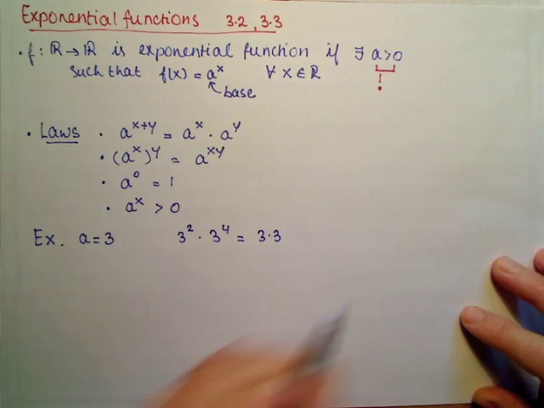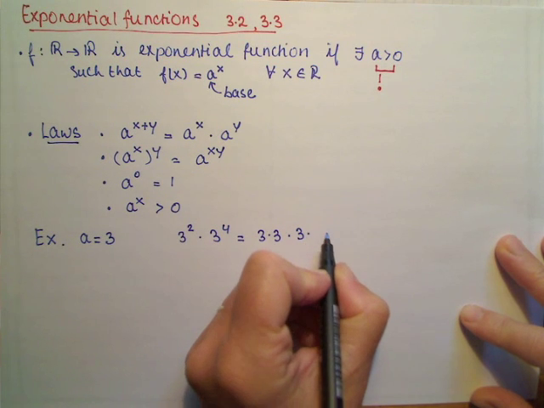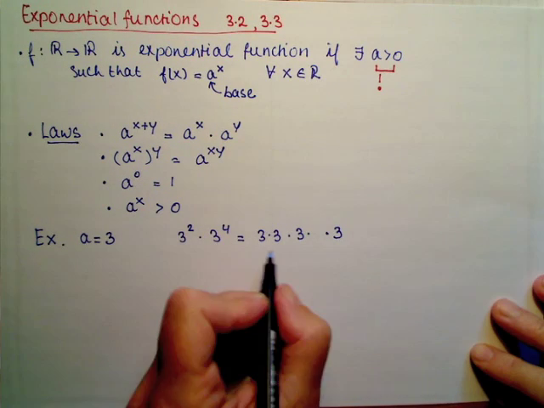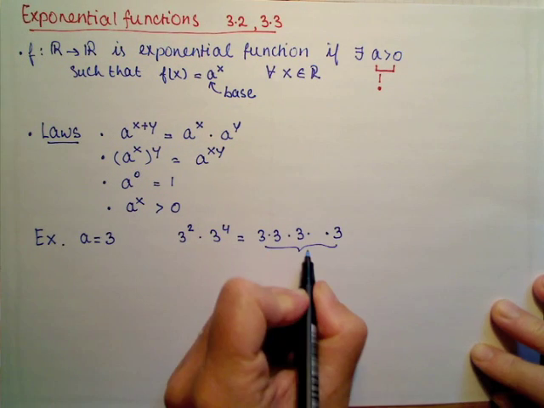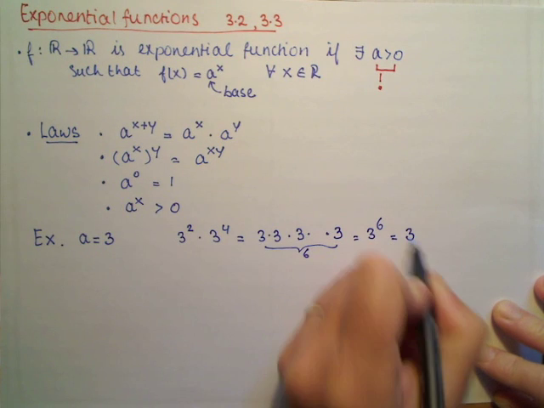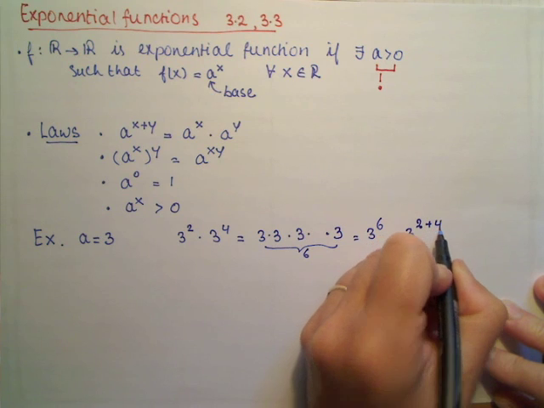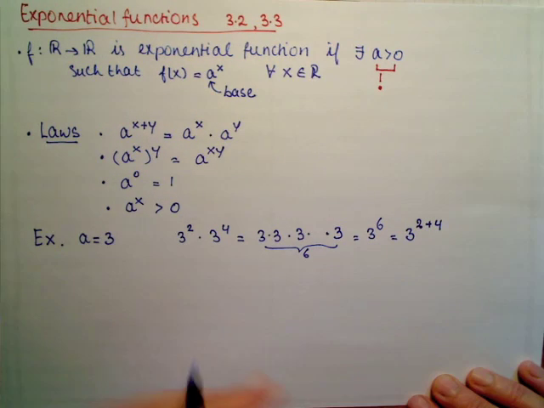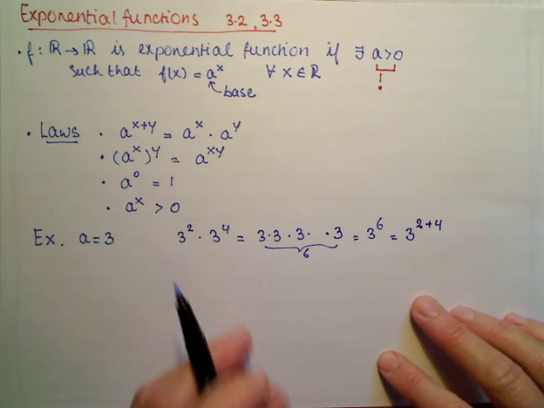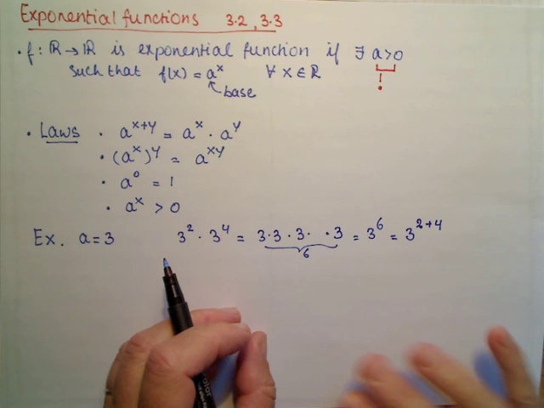We multiply 3 by itself twice, and then 3 to the power 4 multiplies 3 by itself four times, and we get a total of 6. So we get 3 to the power 6, which is the same as 3 to the power 2 plus 4. So the first law is quite natural if we consider x and y as positive integers.